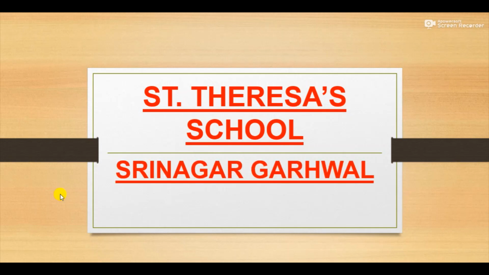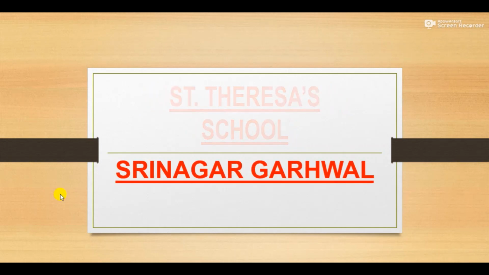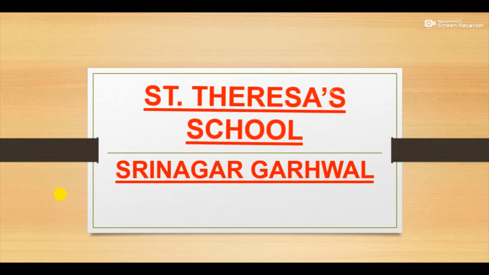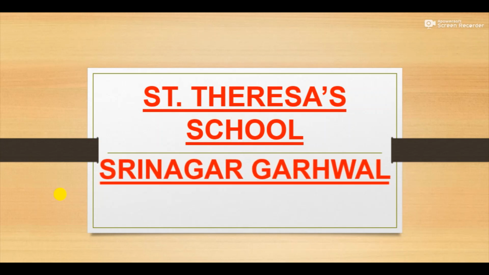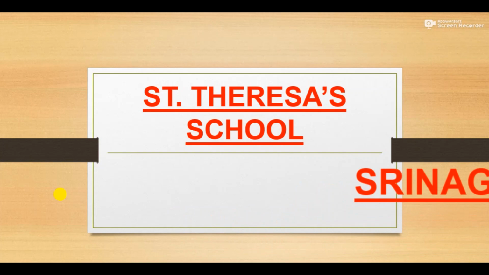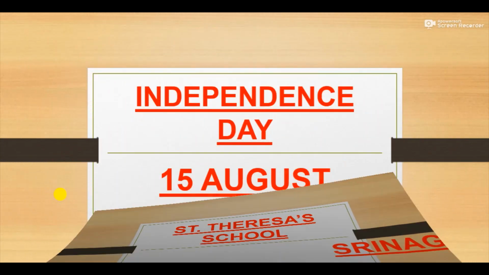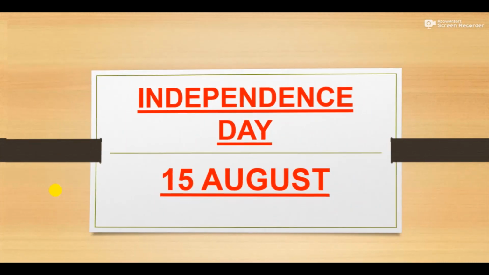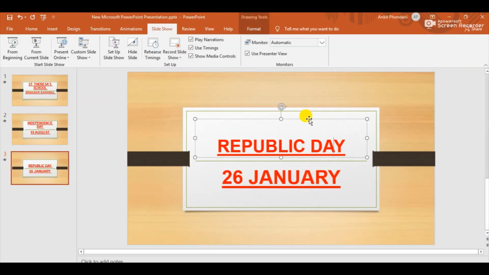Now we can observe the transition effects. These are the animations. Now we will see, yes, this one is the transition effect. Again we can see, yes. So this is the way by which we can apply transition effects to our presentation.